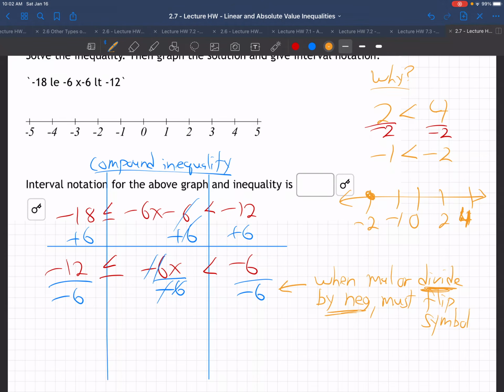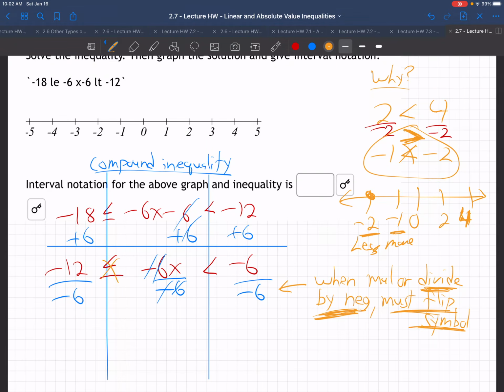You see how the truth has to go the other way. The lower one is on the left side, it's the lesser one. Anyway, I'm just showing you that math is simply following the truth. When you divide by a negative, you must flip the symbol to keep with the truth.